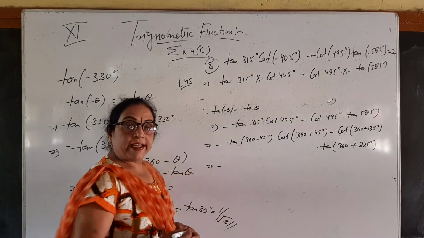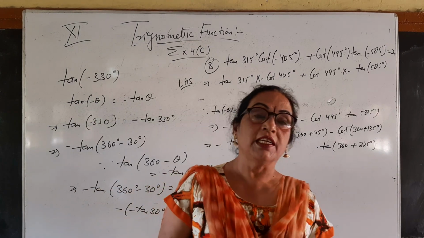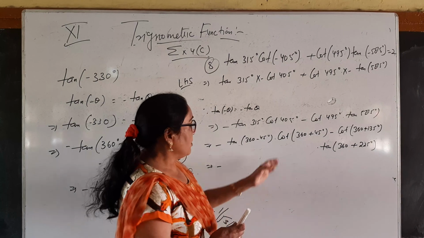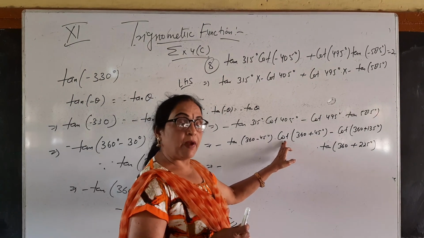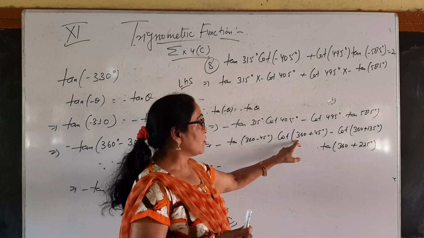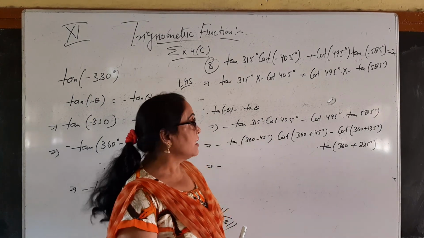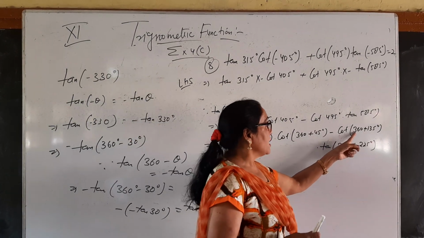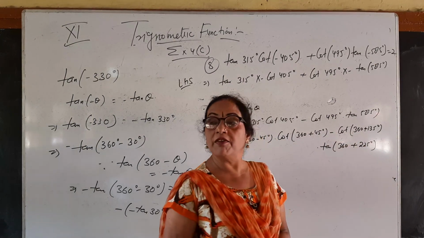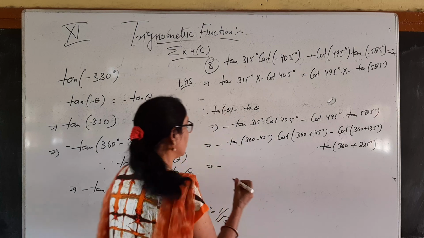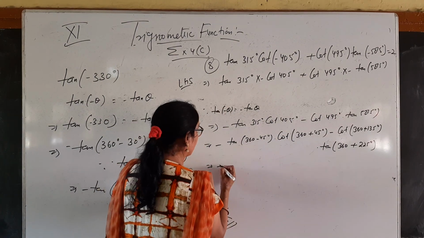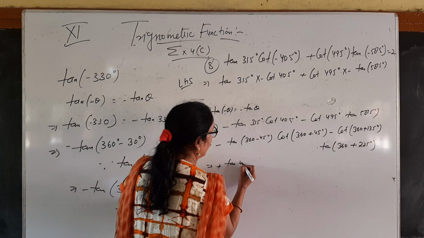Minus tan 360 minus theta is minus tan theta. Similarly, tan 360 plus theta is tan theta, and so here cot is given, so cot 360 plus theta will be cot theta, and tan 360 plus theta will be tan theta. So use this. So here minus tan 360 minus theta will be minus tan theta, so it will be plus tan 45 degree.